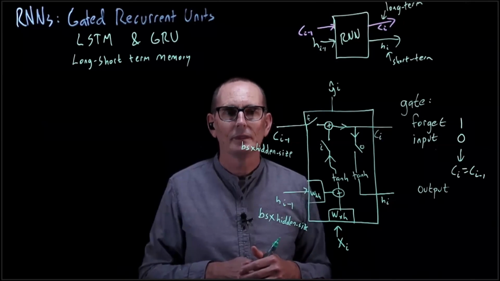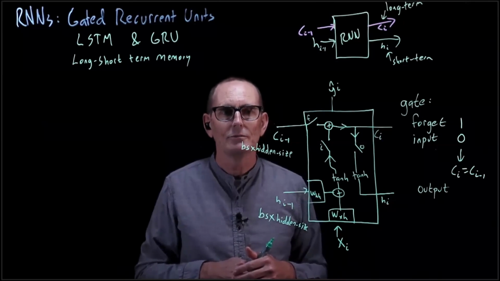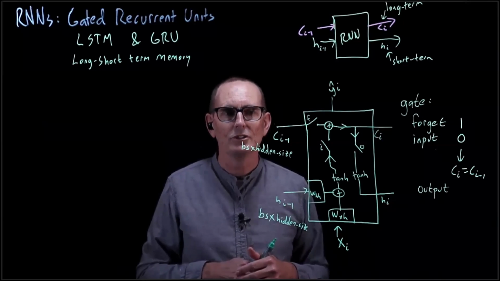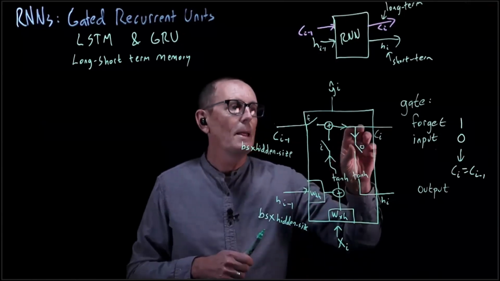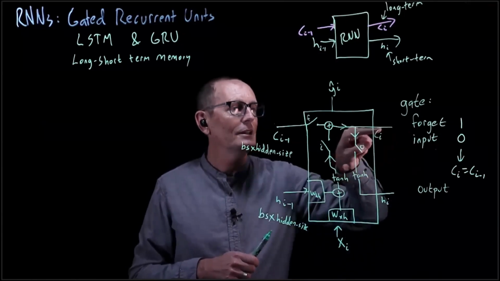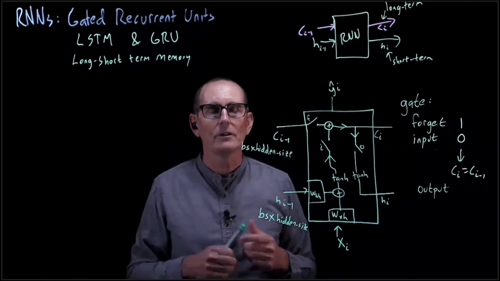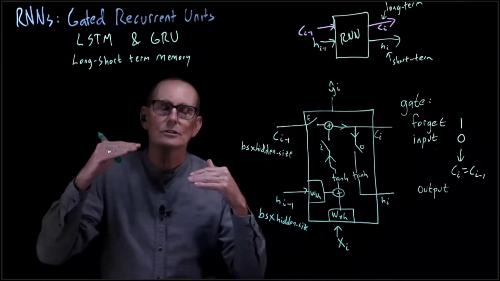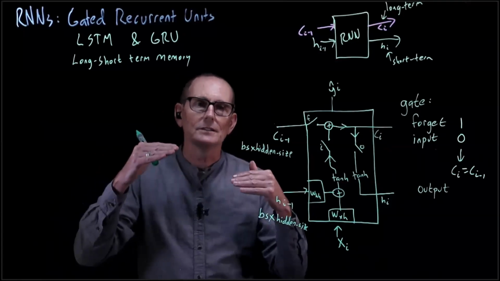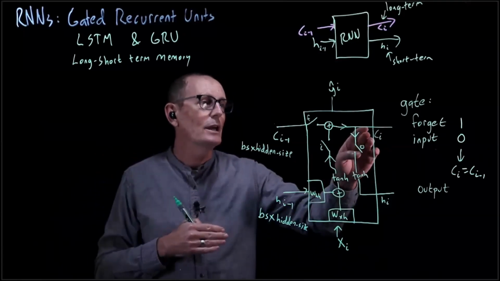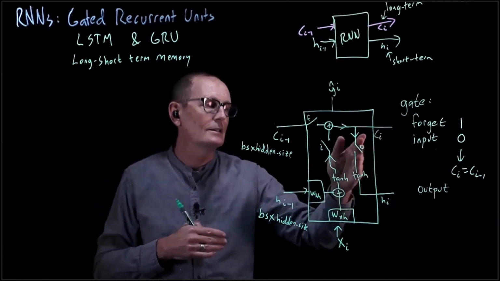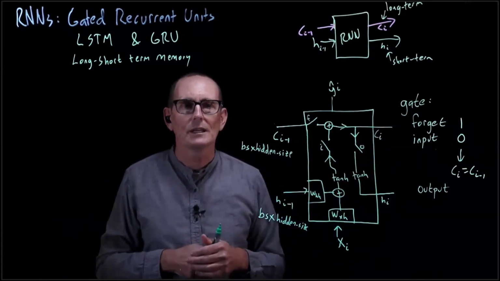So we can choose to have long-term memory that's coming out here, but not feeding into the short-term memory. If we want the contents of the long and the short-term memory to be different, then we need a way to ensure that they are not identical. And that's why we have the output gate there. Does that help?